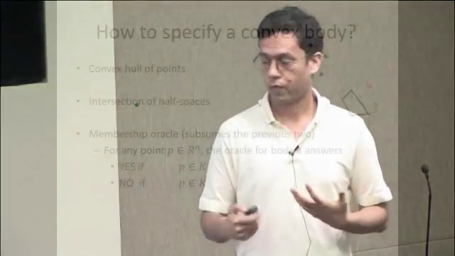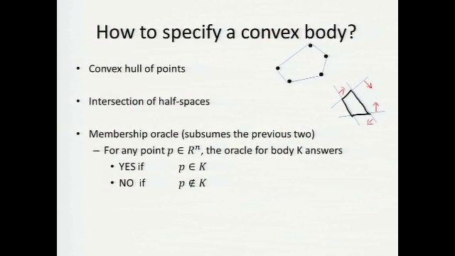Okay, so what do I mean by estimating the volume of a convex body? We have to first talk about how the convex body is given to us. Some familiar examples of convex bodies are the convex hull of points. You're given some set of points, take the convex hull. That's a convex body. Another is the intersection of half spaces.